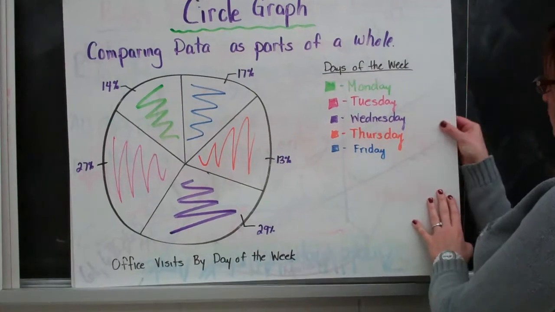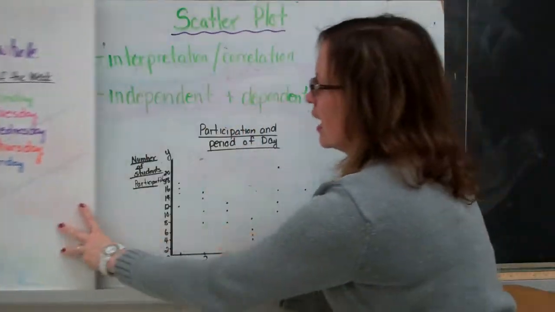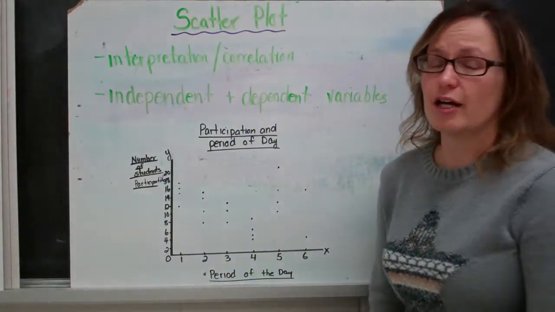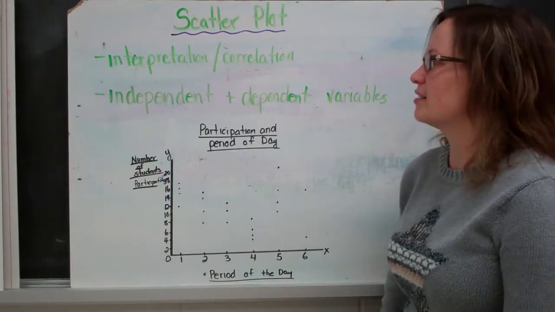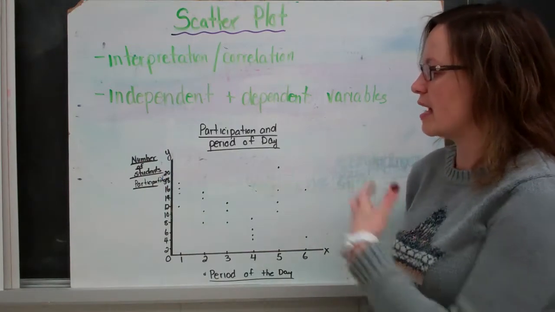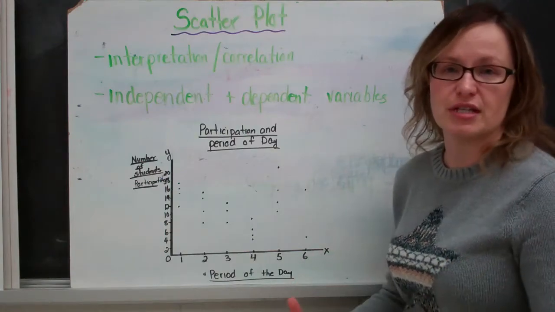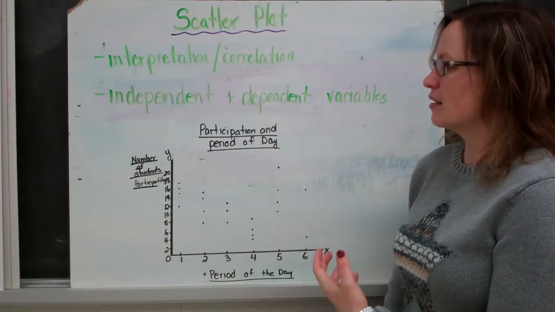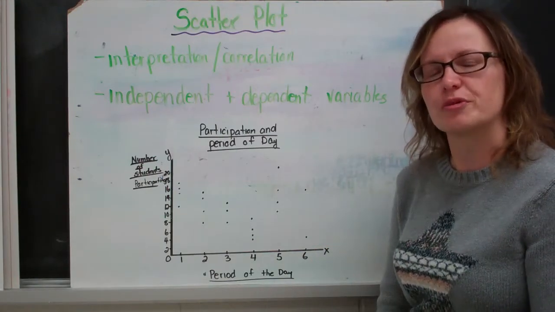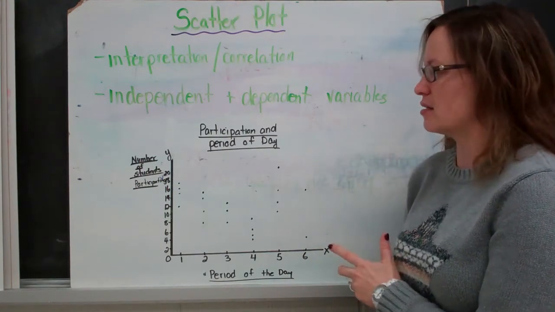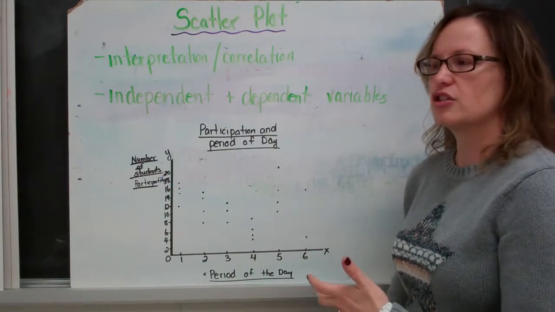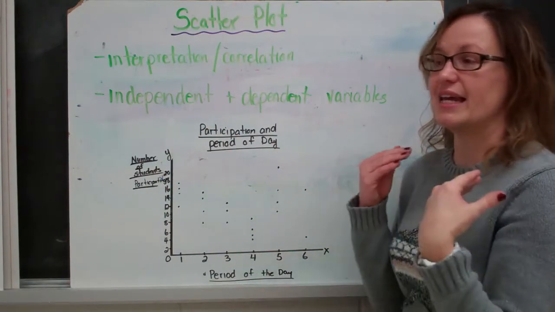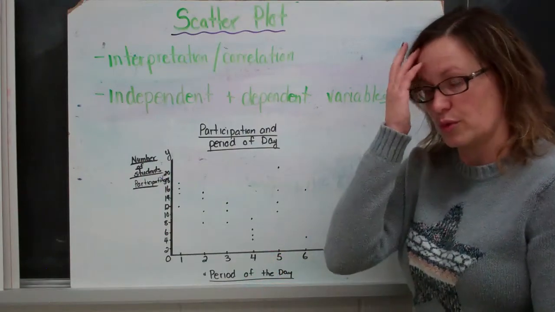And a scatter plot. Scatter plots are very good at setting up a situation where you can interpret the data or make connections or correlations between data. If you're wanting to prove your interpretation, a scatter plot isn't the best way to do that, just because there's a lot of information and it isn't as explicit to the reader.